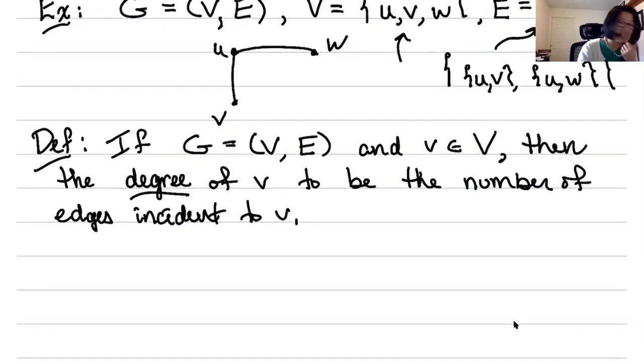We'll say that an edge is incident to v if it has v as one of its two endpoints.